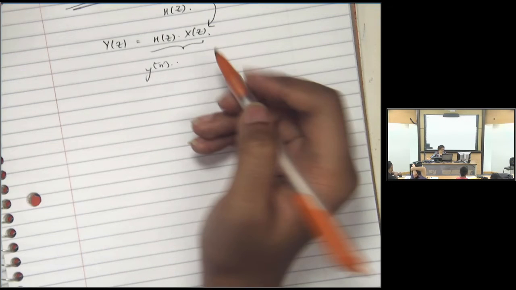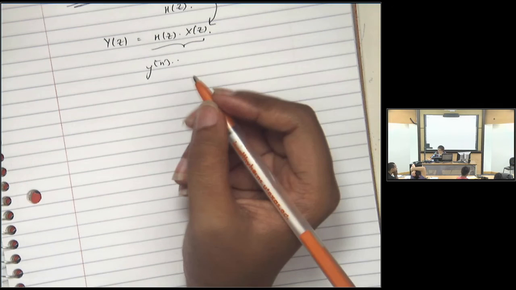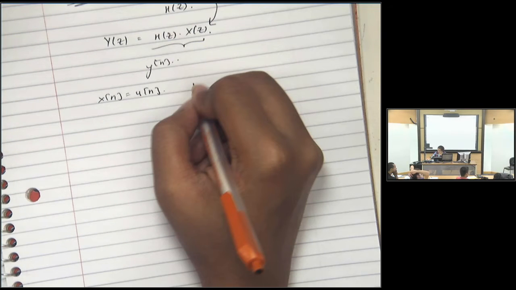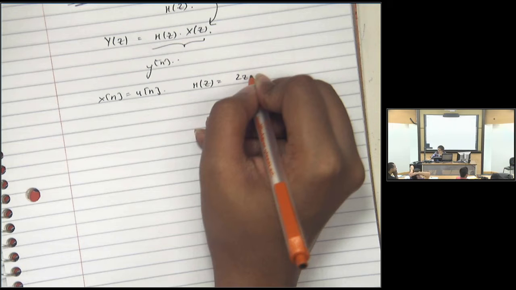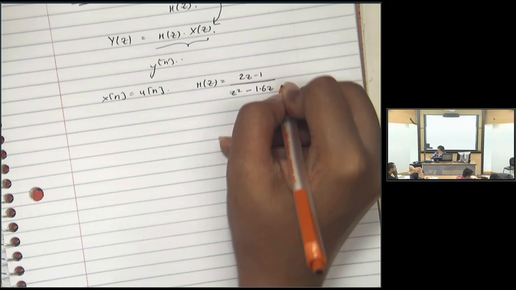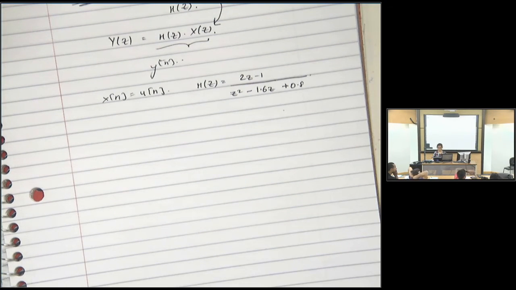Okay, so let's just do this example. So we have x of n equal to u of n given to us, and H(z) is given to be 2z minus 1 over z squared minus 1.6z plus 0.8. Okay, what is the transform of x of n?